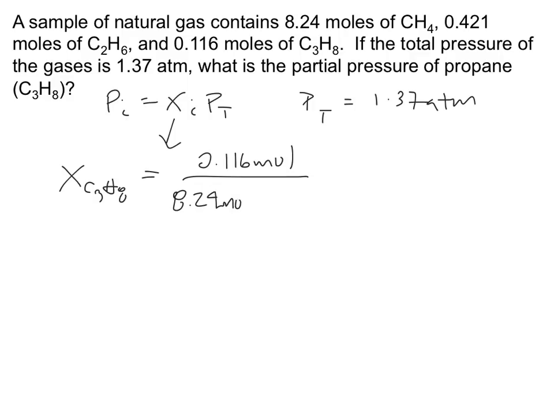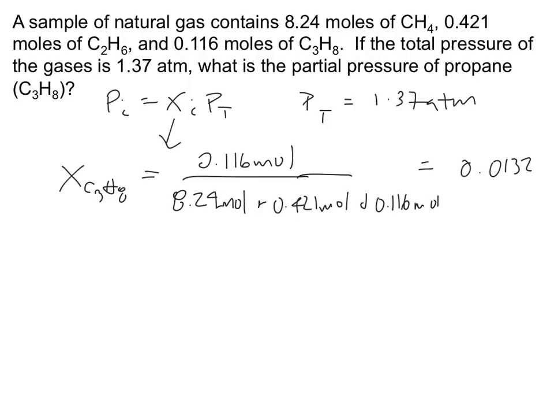So 8.24 moles plus 0.421 moles plus 0.116 moles. Basically plug this into our calculator and we get 0.0132.